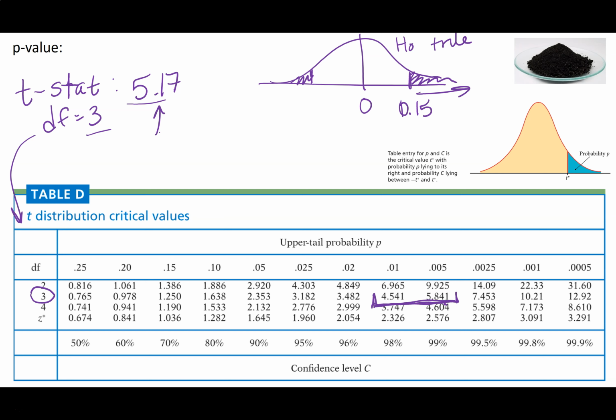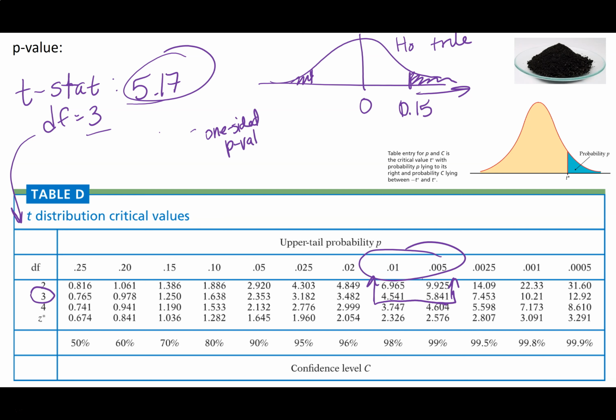So my test statistic, 5.17, is somewhere between these two numbers. So my one-sided p-value is between, the smaller one's 0.005, the bigger one's 0.01.